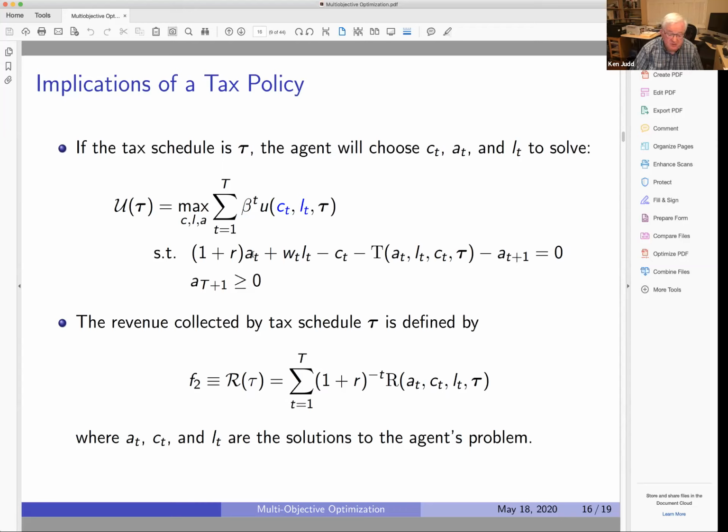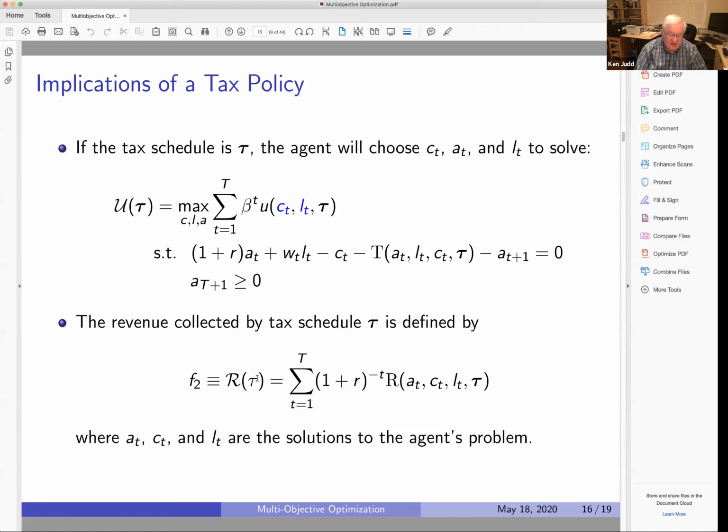I believe I've also buried in here that you're initially born with nothing. And so then you choose your consumption and labor supply and your savings. And then of course in each period, there's a tax bill that you have to pay, which is a function of your choices in that period, as well as the tax parameter. And then of course, for any sort of tax formula, there's also a revenue function.